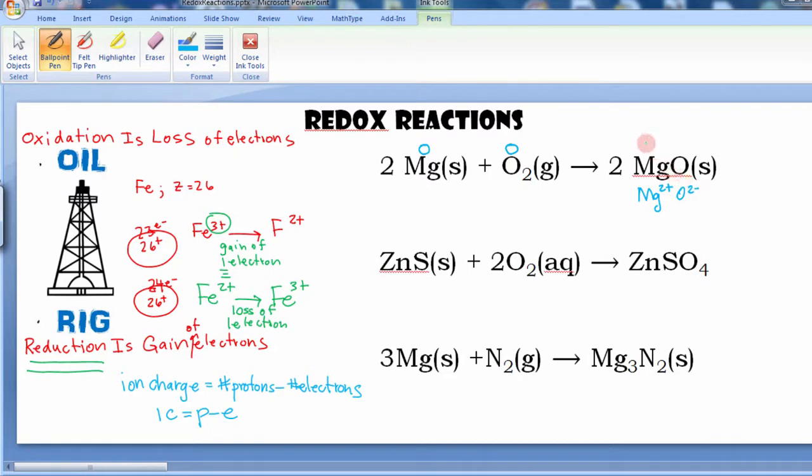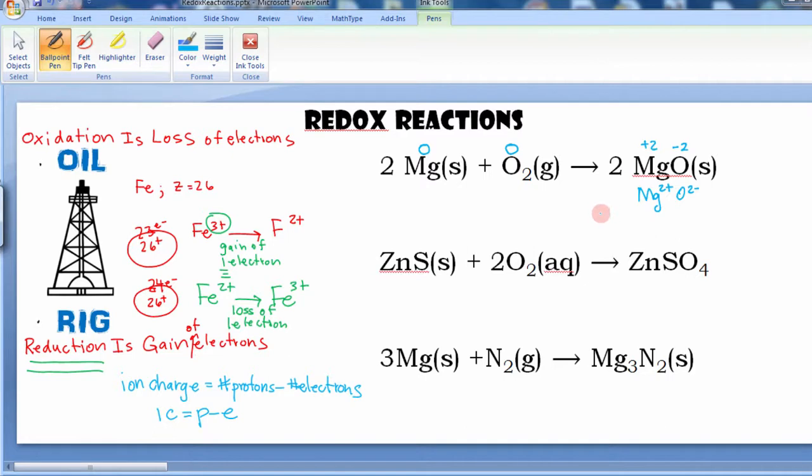So the oxidation number here would be +2 and this would be -2. But you already knew that oxygen would be -2 and magnesium, a group 2 metal, would be +2. You already knew that.